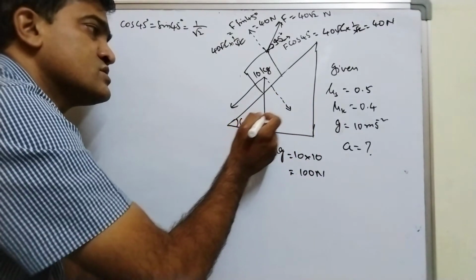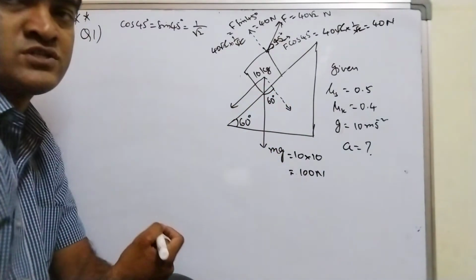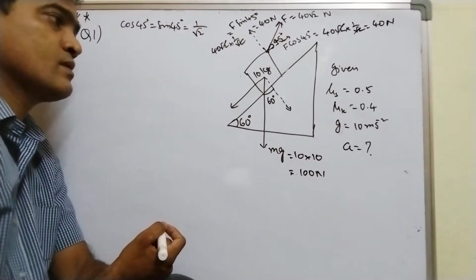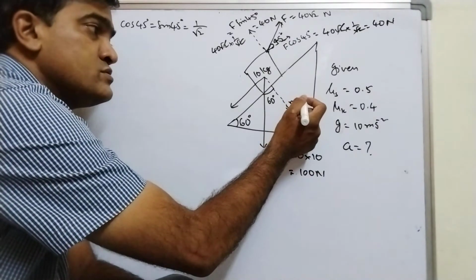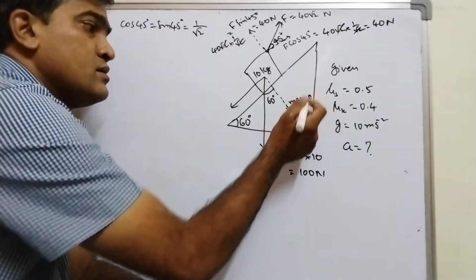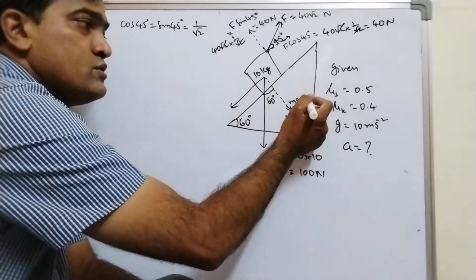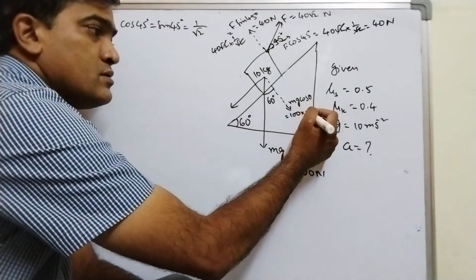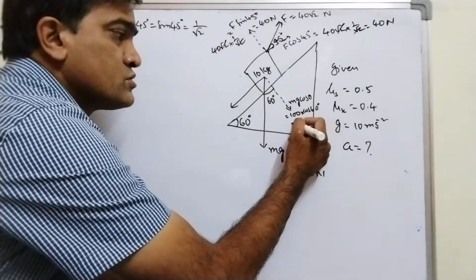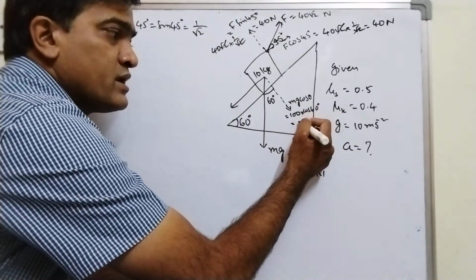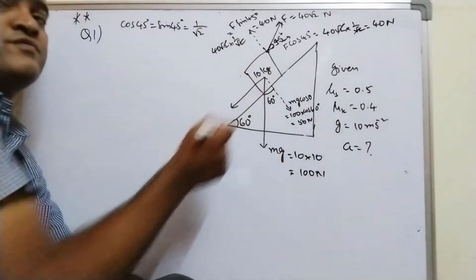If this angle is 60 degrees, this angle is also equal to 60 degrees as per mathematics. Now the angle touching the component of weight, as you know, is mg cos theta. What is mg? 100 into cos 60. Cos 60 is 1 by 2. So 100 into 1 by 2 is 50 Newton.